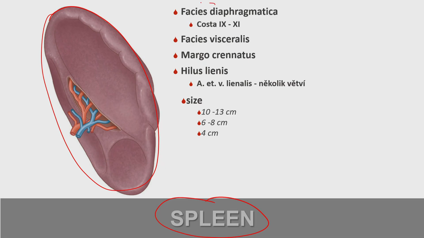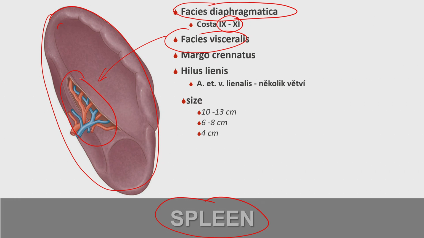It has a face facing diaphragm, so facies diaphragmatica, between ribs 9 to 11, and then the visceral face, facing stomach, facing liver, facing kidney, and facing colon. And then we have hilus.